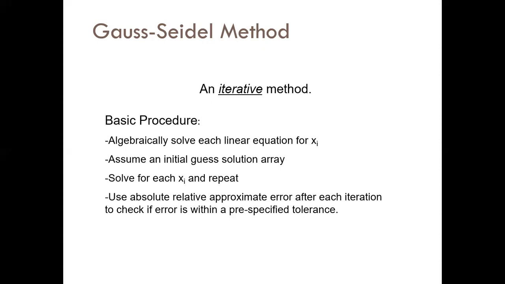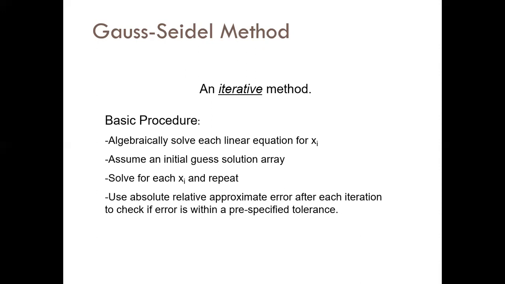The initial guess solution array means the initial guess of all the unknown variables, suppose x0, x1, x2, x3 or x, y, z. These are the unknown values, having initial values x0, y0 and z0.